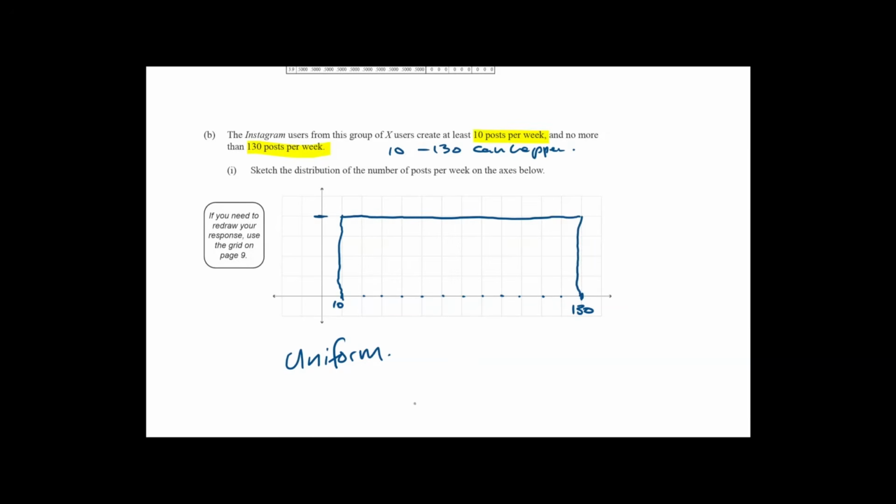So what's going to be here? Well, according to the notes, the probability is 1 over B minus A, where B is the biggest number possible and A is the smallest number possible. 130 minus 10 is 120. So this is going to be 1 over 120. So every outcome has the same probability of 1 over 120. Don't know whether you need to put that in decimal form, but that's what it is.